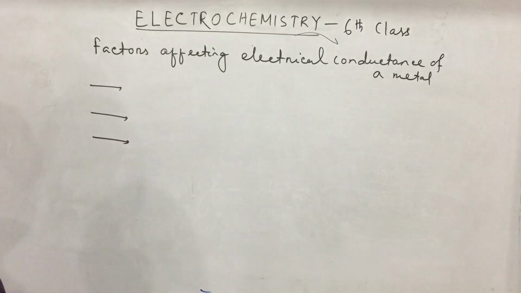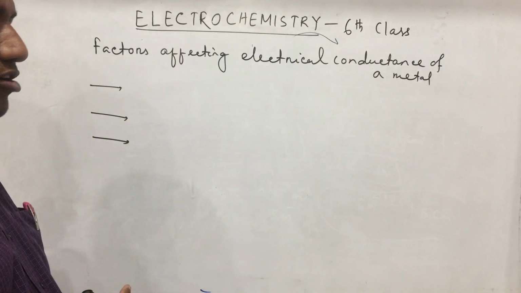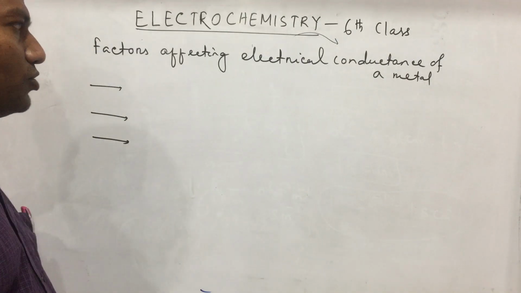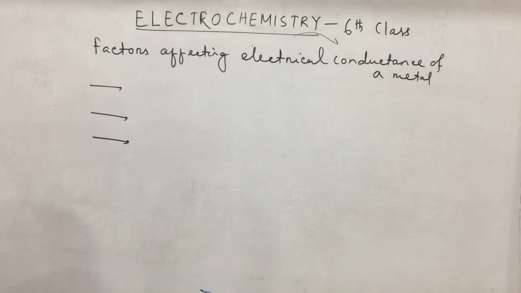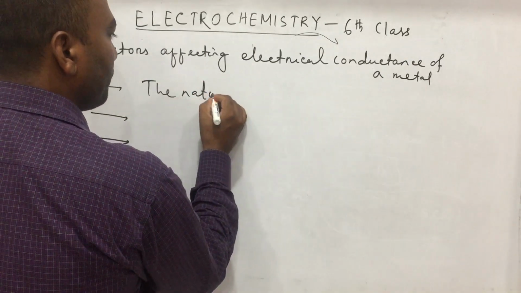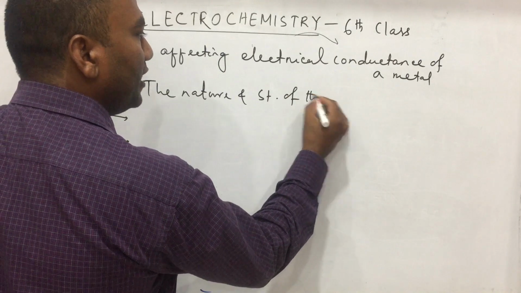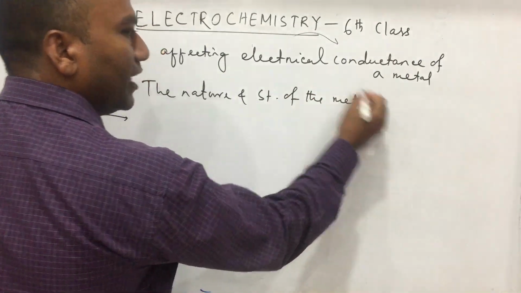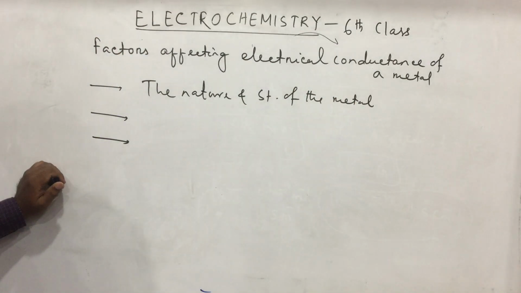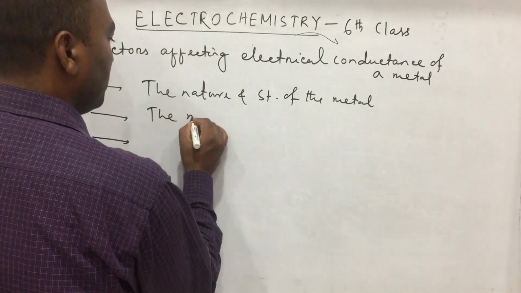For a metal, what are the different factors affecting the electrical conductivity or electrical conductance? The factors are, first is the nature and structure of the metal. Clear?